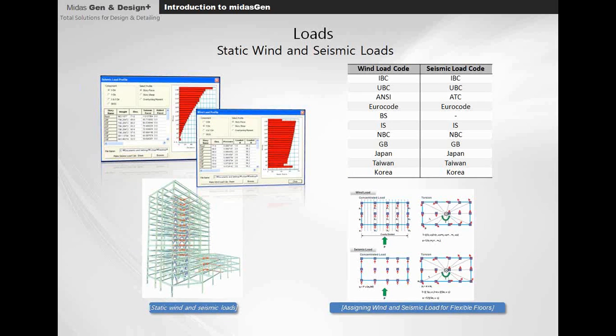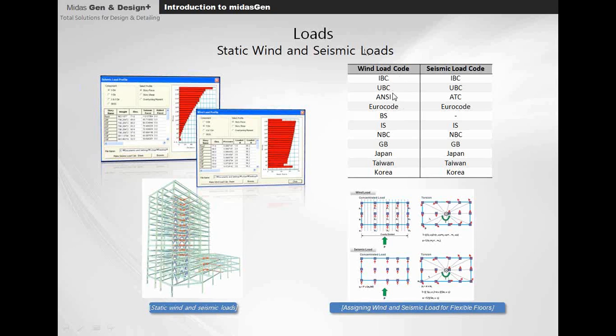Now, since static wind and seismic loads are quite important when it comes to multi-story structures, I'll just show you a small slide on them. MIDAS Gen generates static wind and seismic loads on a building structure for each story, and all one has to do is provide the applicable standard.